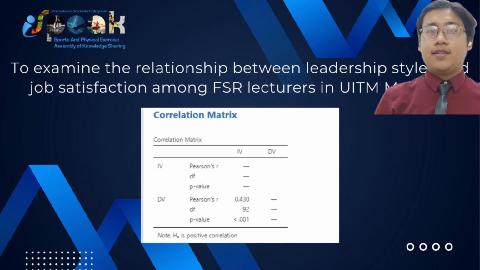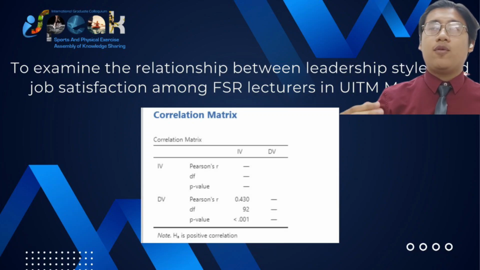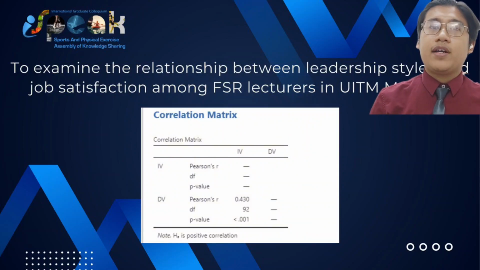The third result is for RO3. This slide presents the correlation matrix between leadership style and job satisfaction. The Pearson correlation for the DV is 0.430, showing a moderate positive correlation with the IV. Degrees of freedom is 92, which reflects the sample size minus 2, the standard formula for correlation.